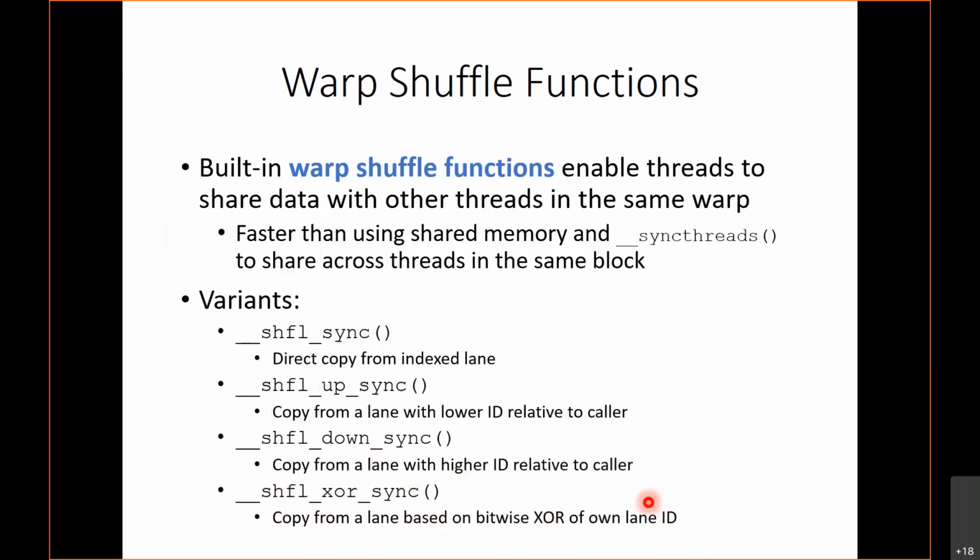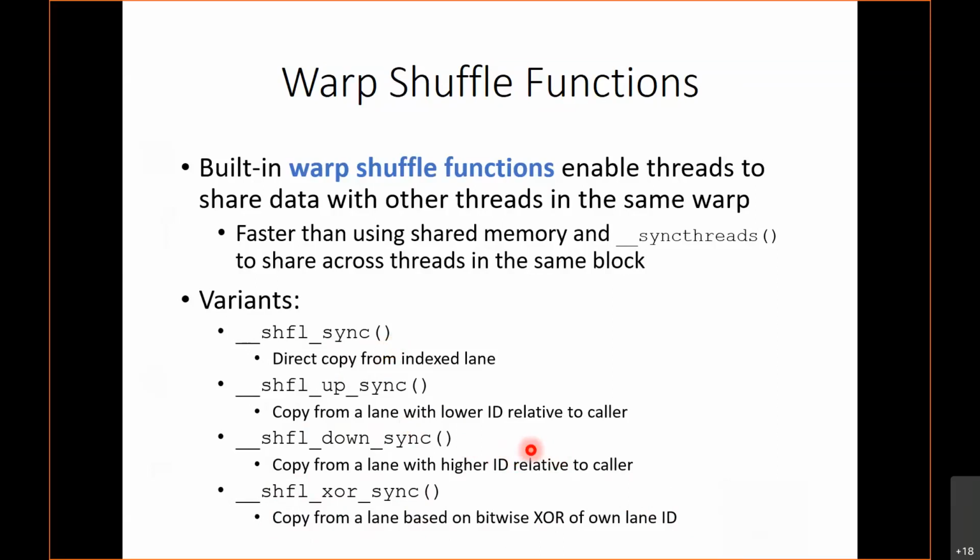Now, having told you about shuffle, this idea of a thread wanting to get a value that was produced by another thread, where have we seen this before? Which pattern did we look at where we had different threads producing values that later on another thread would read? Histogram, maybe.